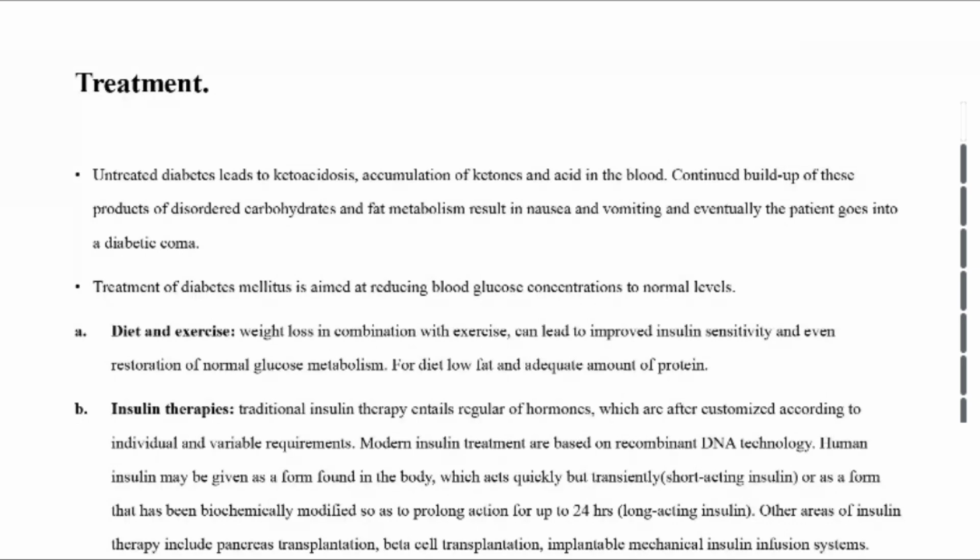Continued buildup of these products of disordered carbohydrate and fat metabolism results in nausea and vomiting, and eventually the patient goes into a diabetic coma. Treatment of diabetes mellitus is aimed at reducing blood glucose concentration to normal levels. So we have diet and exercise, and also insulin therapies.